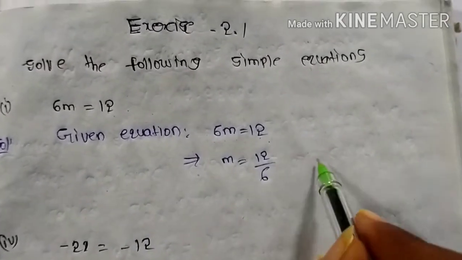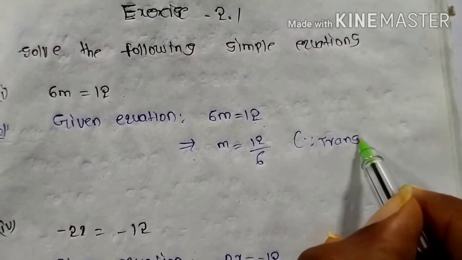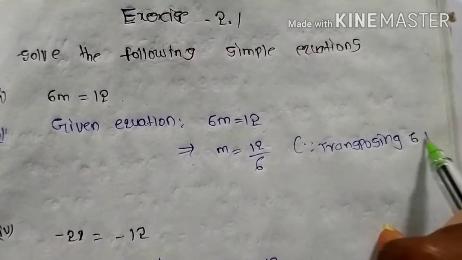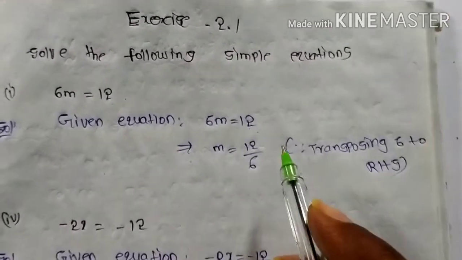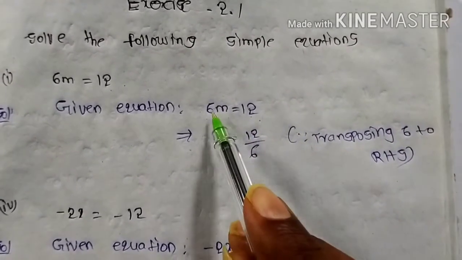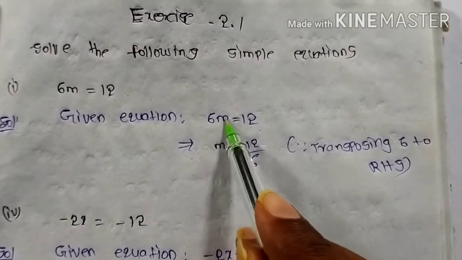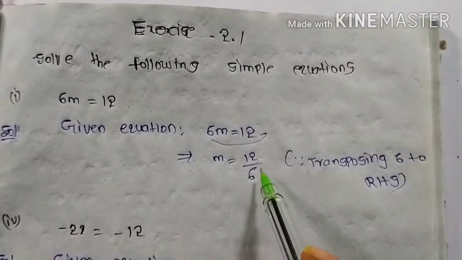Why? Because you can write there, transposing 6 to RHS. You know, in the previous video I explained multiplication will become division. 6m means 6 into m. If I am transposing 6 to RHS, it will become division or not?